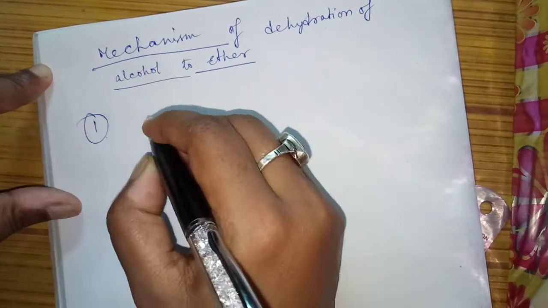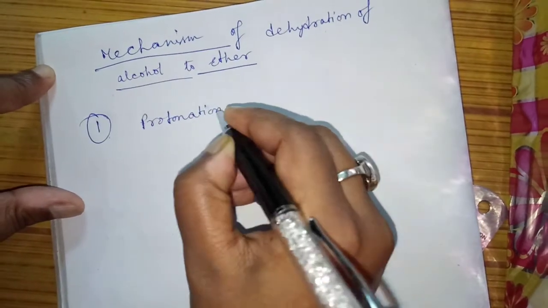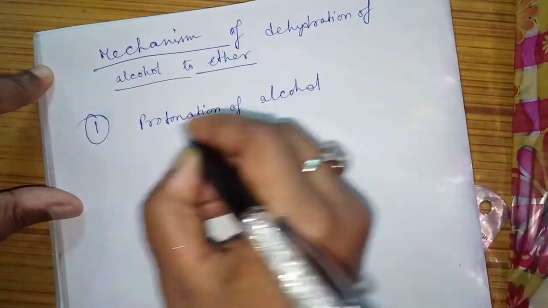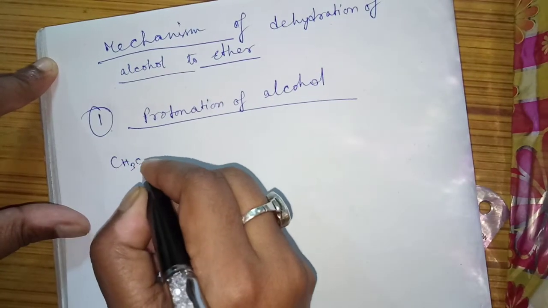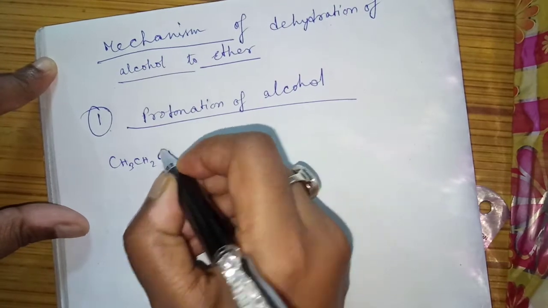First step, protonation of alcohol. Protonation of alcohol is what? Suppose you have CH3CH2OH. Okay, oxygen.